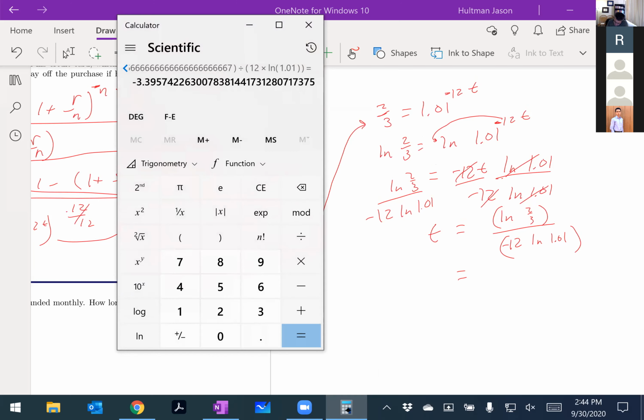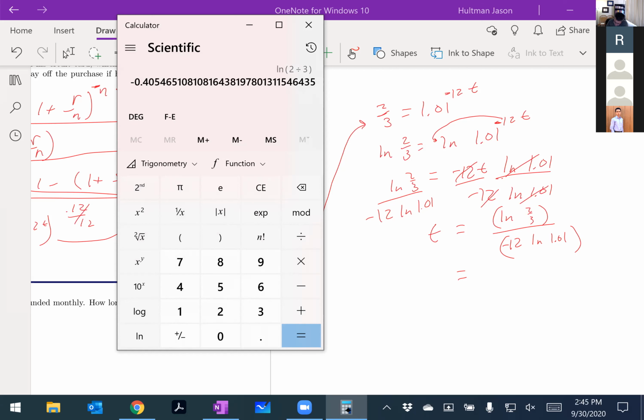So if I do that again, let's clear this. I'm going to do it all at once: parenthesis 2 divided by 3, close parenthesis.